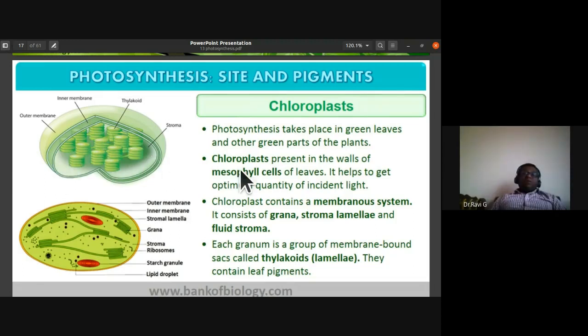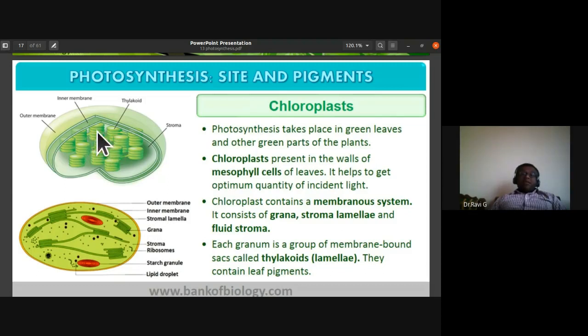stroma of the chloroplast. So the chloroplast present in the walls of mesophyll cells of leaves helps to get the optimum quantity of incident sunlight. The chloroplast contains a membranous system. It consists of grana, that is, thylakoids arranged one above the other to form a pile of coin-like structures.